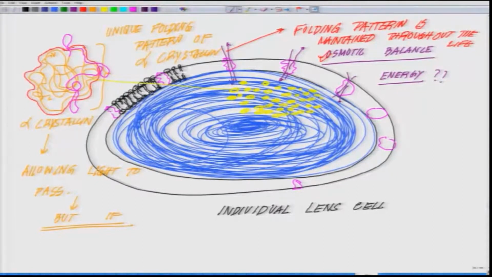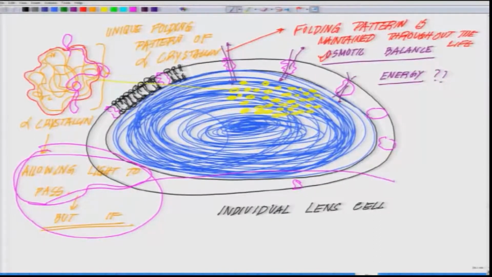So, then what happens is that its innate nature of allowing the light to pass is compromised. Okay. And once this part is compromised, automatically what will happen? These yellow spots will now turn to a black spot.